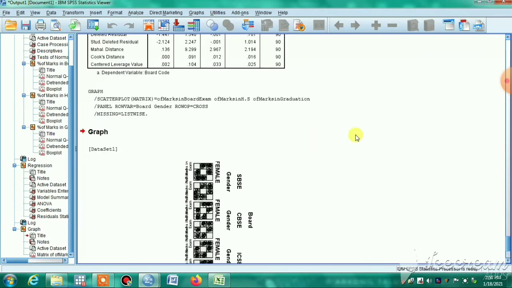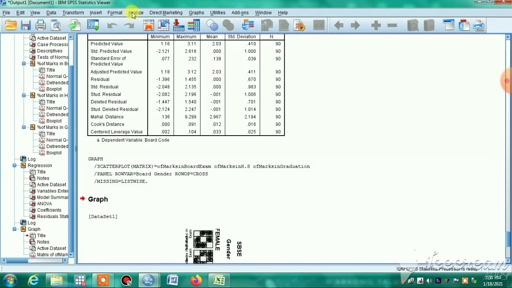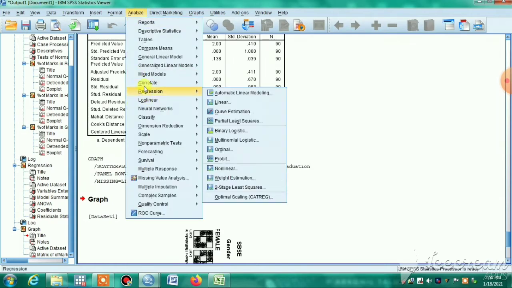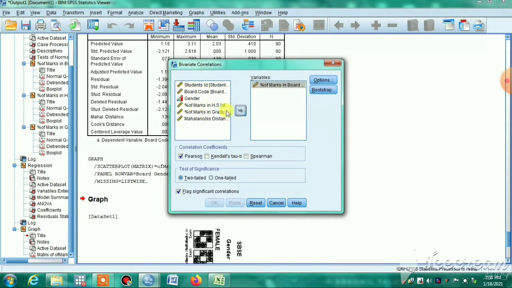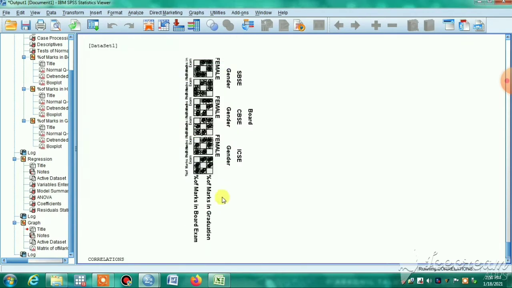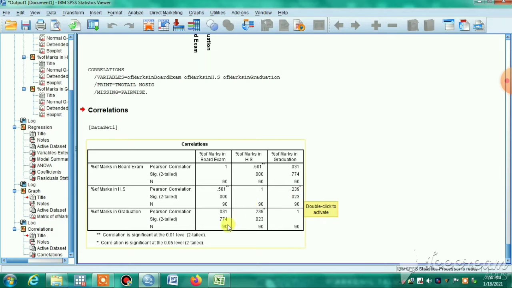Another way to show the linear relationship is: Analyze, Correlate, Bivariate. The variables are all the dependent variables, and Pearson is selected. Here it is 0.50, which is between board exam and HS exam. So there is correlation, also between HS and board, and between graduation marks and board and HS.